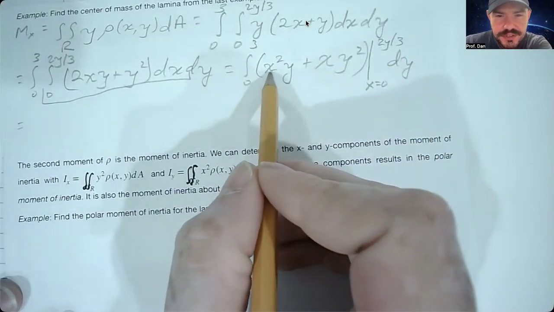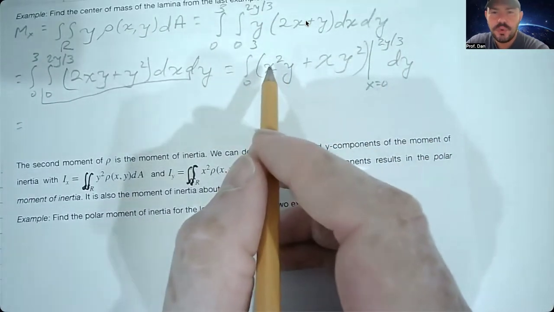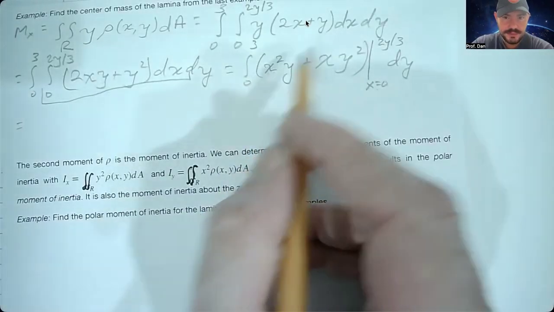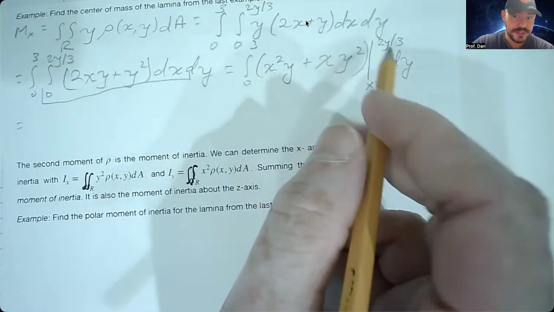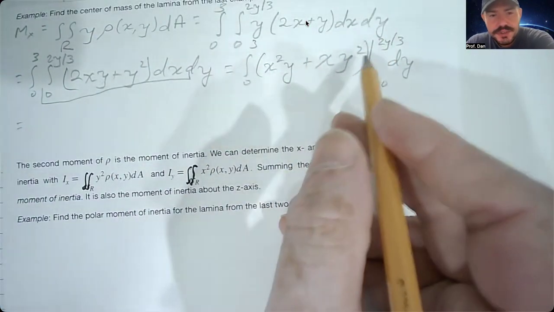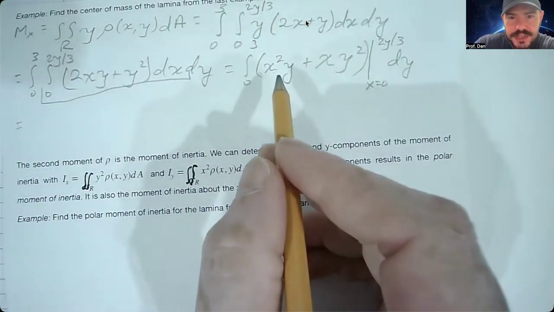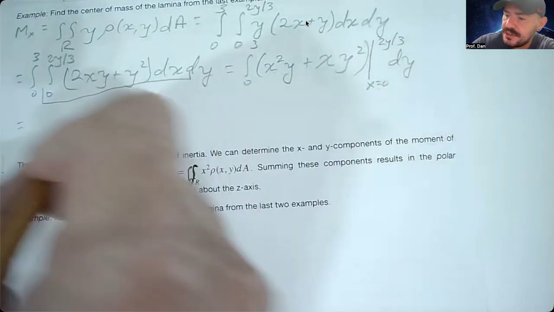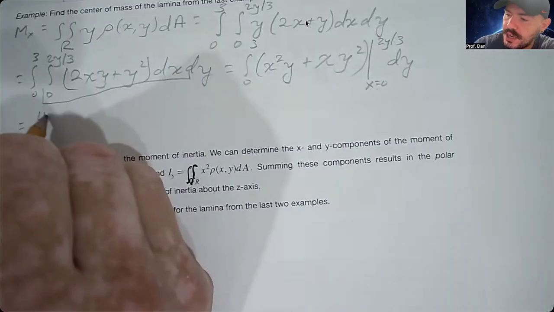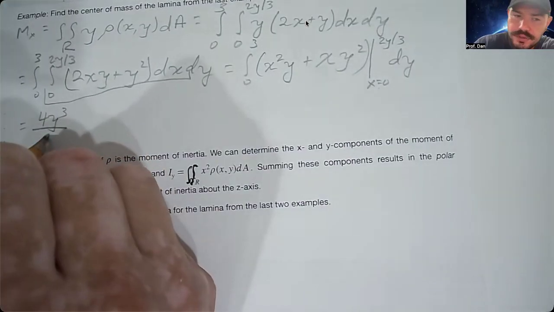So if I square 2y over 3, I get 4y squared over 9. Remember, you square the coefficient. If you're squaring a fraction, you square both sides. All right, so 4y squared over 9, if I multiply that by a y, remember that only multiplies my numerator. So I end up getting 4y to the third over 9.